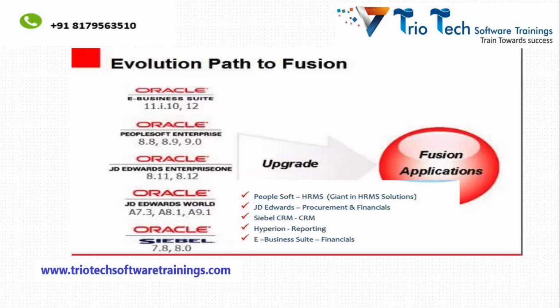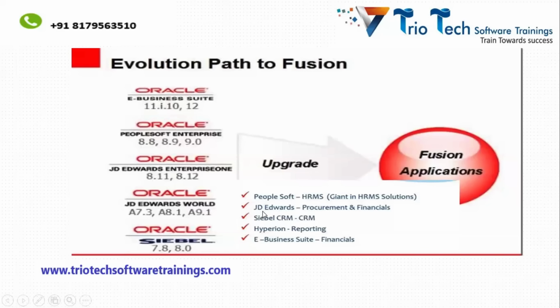That is where they acquired PeopleSoft, which was mainly into human resource management solutions. It was a market player at some point, and Oracle acquired it and integrated it into the Oracle Fusion product hub.